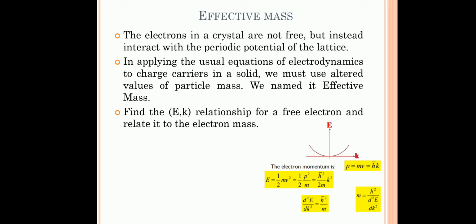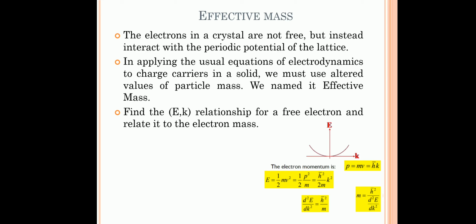If we plot the energy versus k relationship, you will always get the shape of a parabola. This holds for the conduction band as well as the valence band. If you plot the E-k relationship for the conduction band minima or the valence band maxima, you will get a shape as shown in this slide, that is, a parabolic shape.